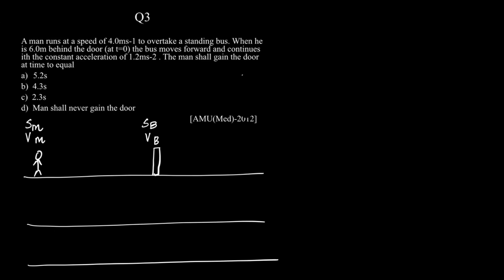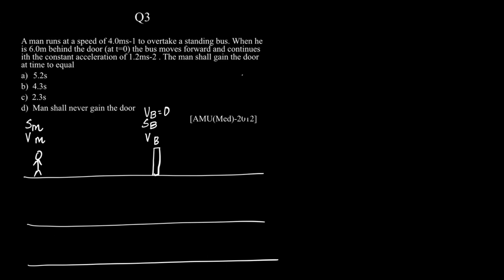So what happens is, initially the bus is at rest, so the initial velocity of the bus is zero. And the acceleration of the man is 0, which means the man is moving with a uniform velocity of vm. So what happens after some time?